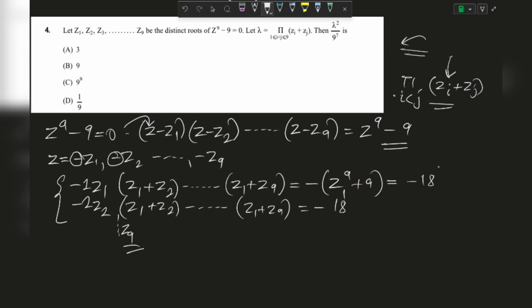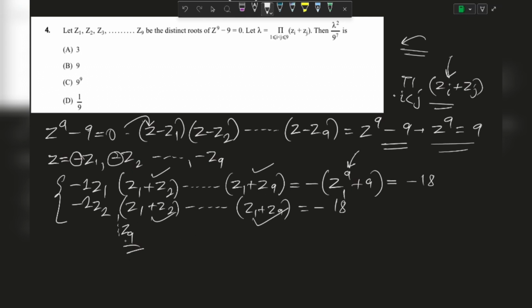Now you might wonder where minus 18 is coming from. Actually, what I did was Z power 9 from here is 9, and this is valid for all Z1, Z2, Z3, Z4. So I just substituted the value 9 here, and so this became minus 18. And we are basically just getting minus 2Z1, minus 2Z2 as we put all the values here, and the rest of these terms are all repeating.